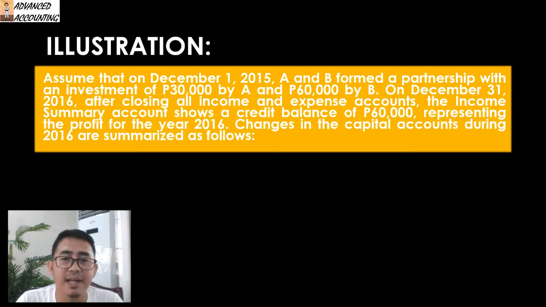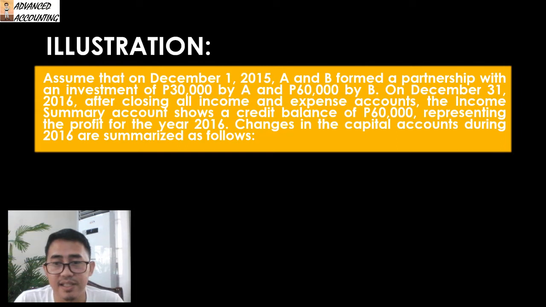If the remaining balance is a credit balance, it is a profit. If the ending balance is a debit balance, it is a net loss. So in this example, there's a credit balance of 60,000, meaning the business made a profit.